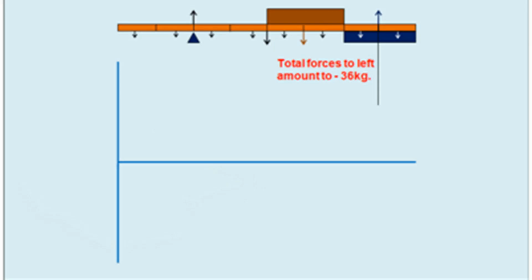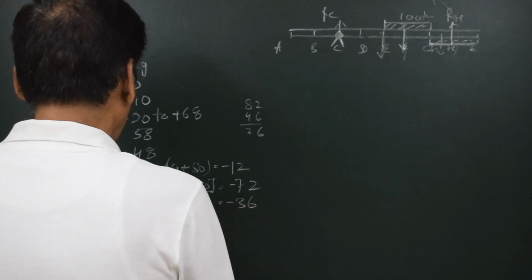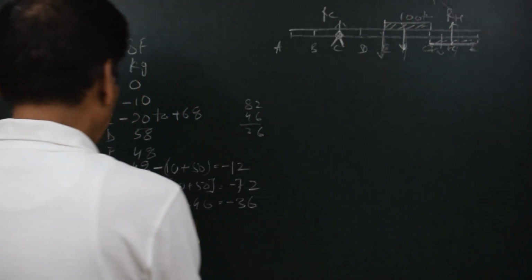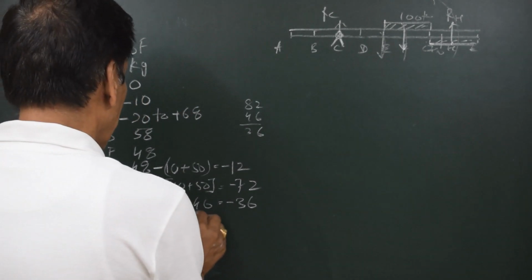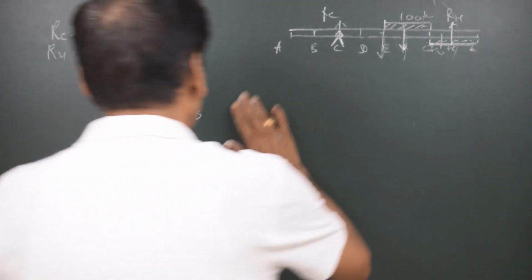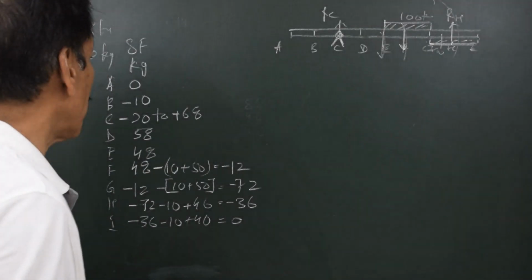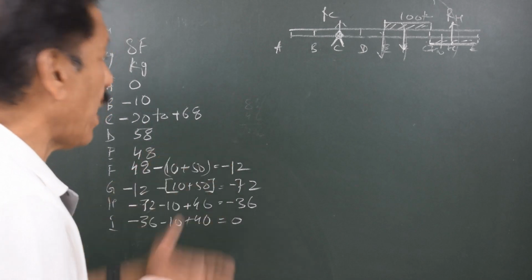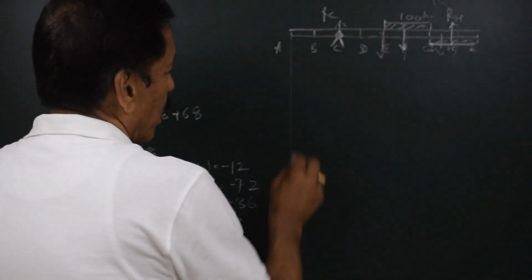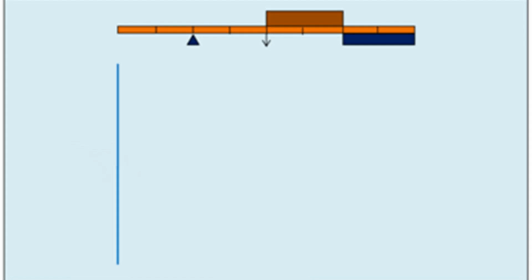That will give me minus 36. And then you have minus 36 at I, you have minus 36 minus 10 plus 46, and that is 0. So we have these values of shear force, 0, minus 10, and then finally the final value of shear force is also 0. We'll try to draw the curve.